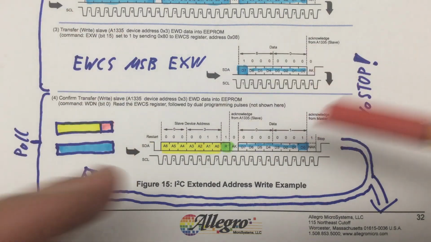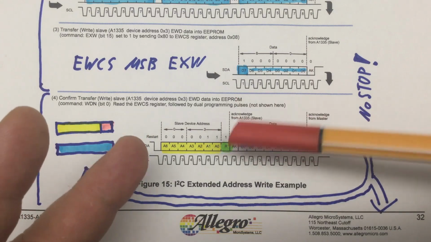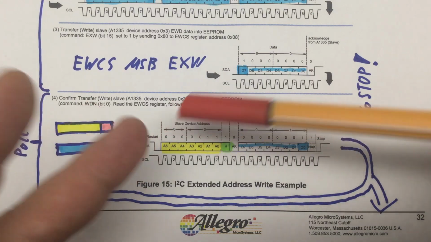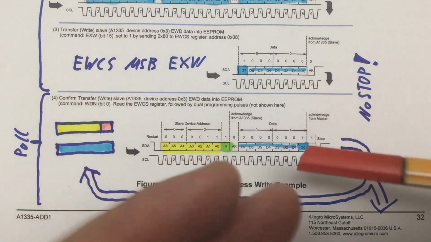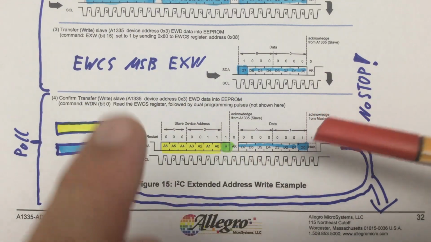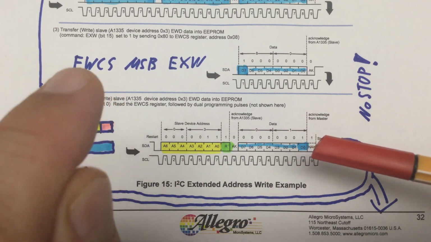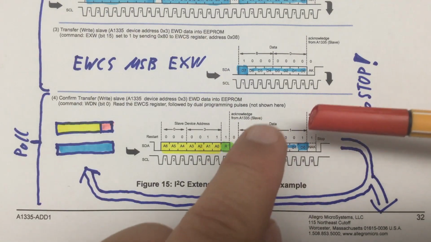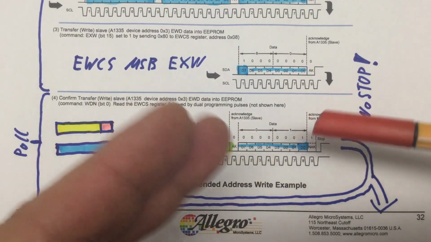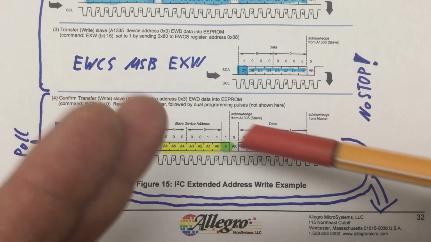And initially, we just send the slave address again, this time with the last bit set to 1. So we want to read something. And we read a byte. And that byte is, of course, the least significant byte of the extended write control and status register. And if the write done bit in that byte is set, we're finished and we can exit our polling loop.